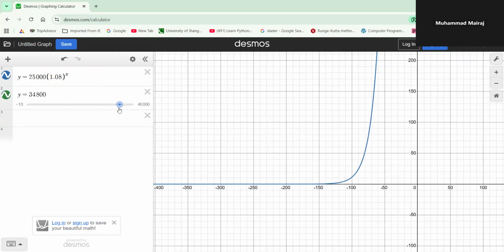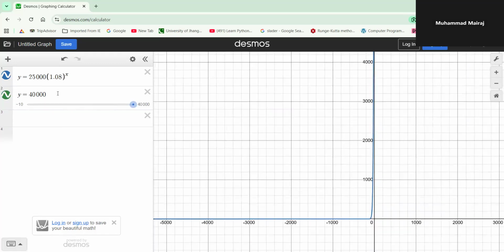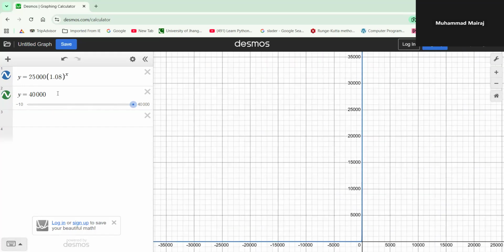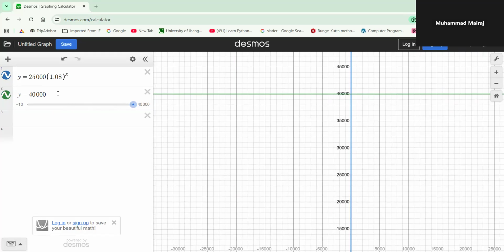So step 3 would be to find the intersection. This was 40,000. And we can find the intersection right here.